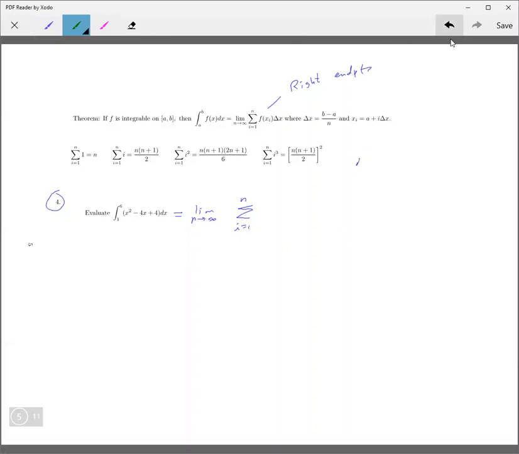So delta x is going to be b minus a over n. B is 6, a is 1, so it's going to be 5 over n. That's our delta x. Now, x sub i is a plus i delta x. A is 1, and delta x is this. So it's 1 plus 5i over n. So that's what these are.